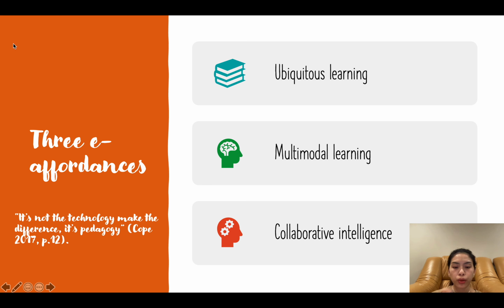My project uses multimodal resources such as image, sound, and text, so it suits multimodal learning. Students can learn together to discuss denominations of coins or notes and how to use them to buy something in real life, increasing opportunities to collaborate and enhance teamwork skills. That links to collaborative intelligence.